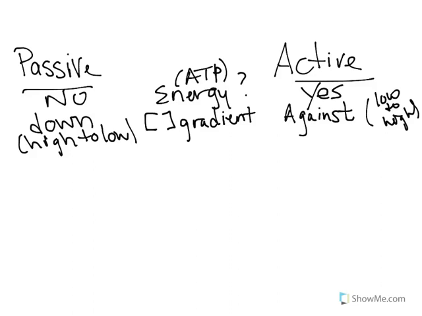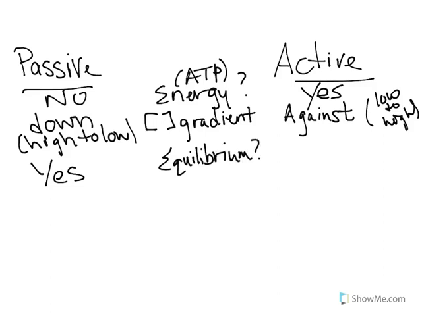Now, what happens with passive transport is things are going to move from high concentration to low concentration until it reaches equilibrium. So equilibrium is reached in passive transport. I'll put equilibrium here. Is equilibrium reached?